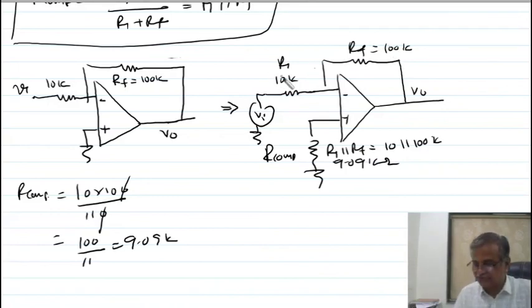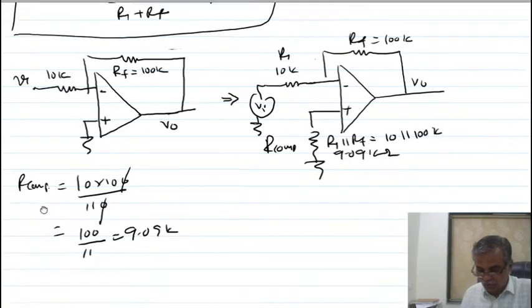So I have taken 10 and 100. You know gain is RF by R1. RF by R1 is 100 upon 10. So it is 10. So if you introduce it like this, error will be minimized in your inverting amplifier.